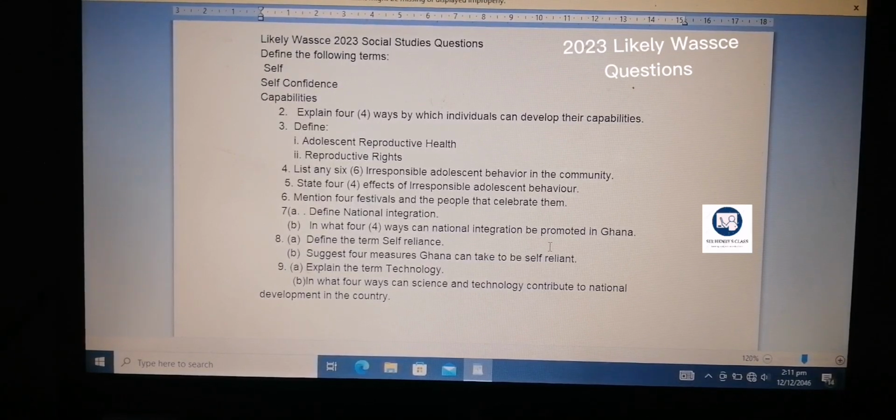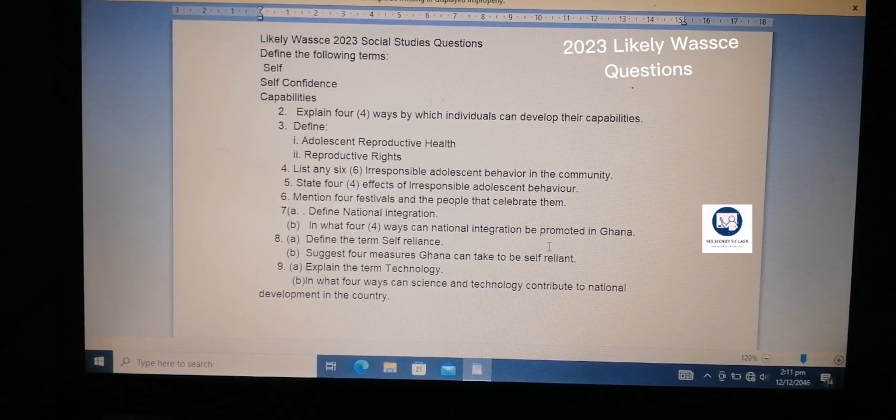We can also talk about adding value to our primary products. The country, before exporting primary products such as gold, timber, and the like, should process them into finished or semi-finished goods to acquire higher foreign exchange. We can also talk about promoting agricultural activities.